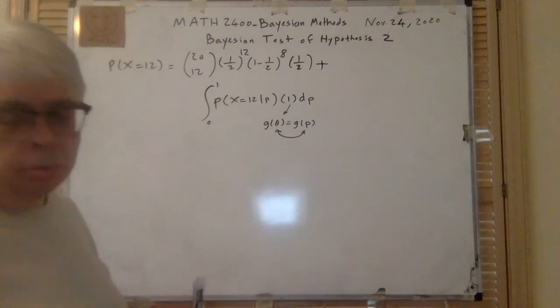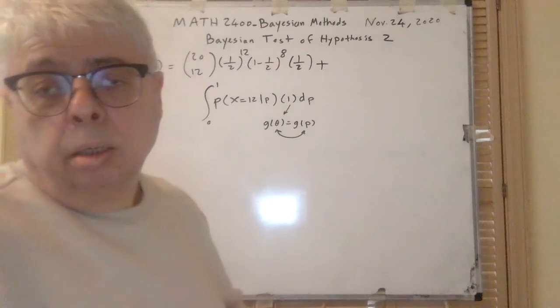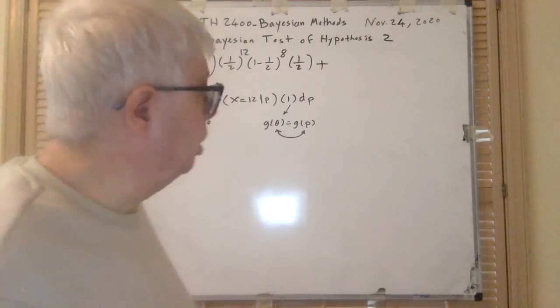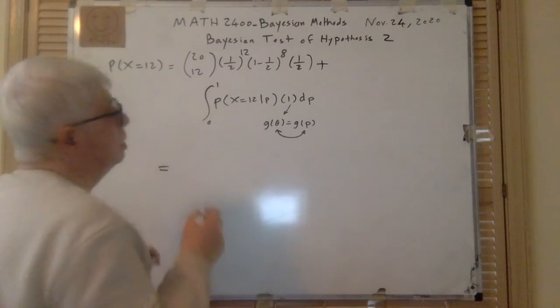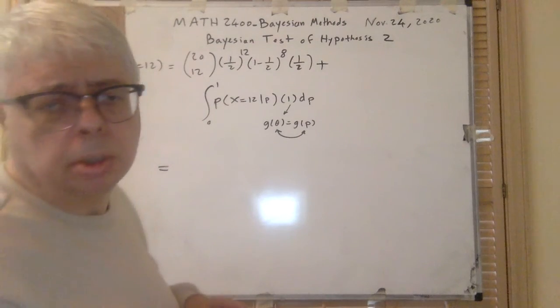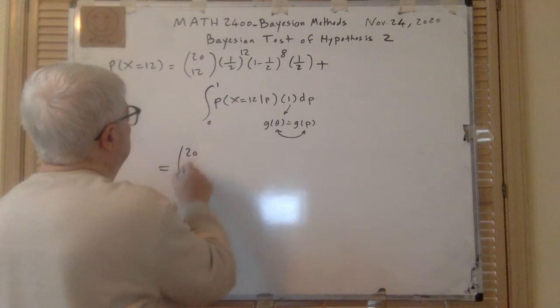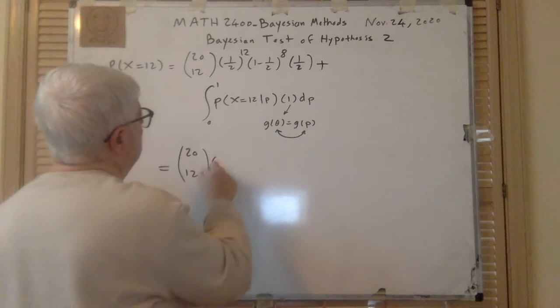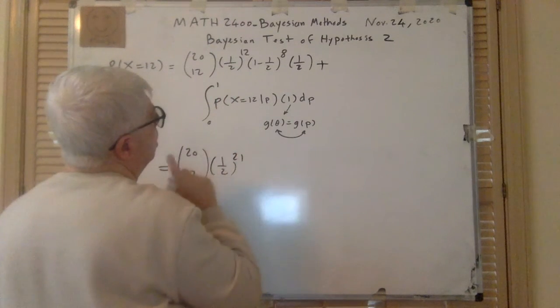The other one is just a number, but this one is like this. So we have, the first one I found to be, I just calculated, 20 choose 12 times 1/2 to the power 20.